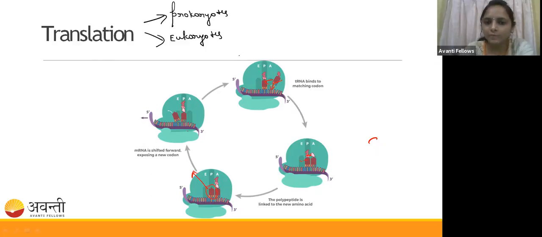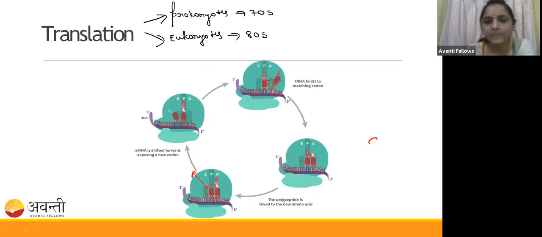In the prokaryotes, we will see the 70S ribosome, whereas in the eukaryotes, we will see the 80S ribosome.